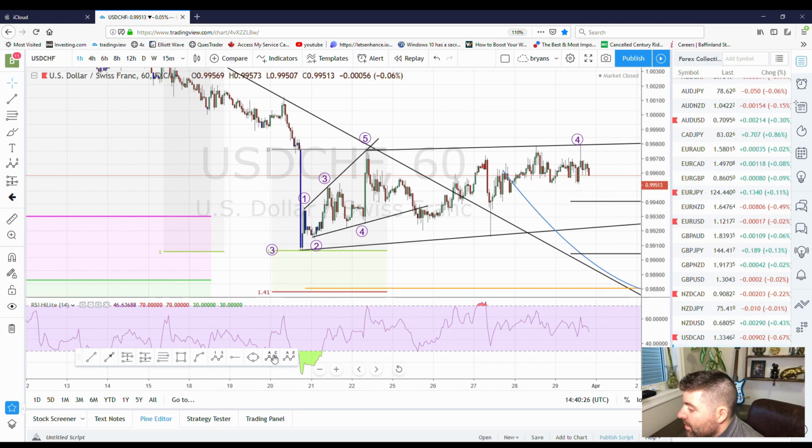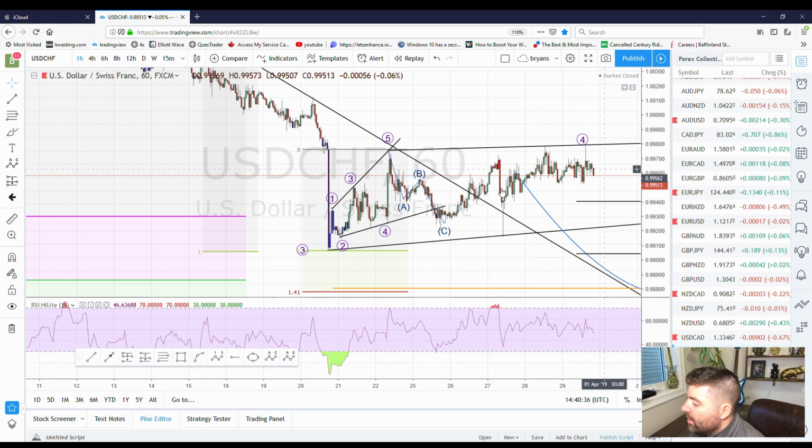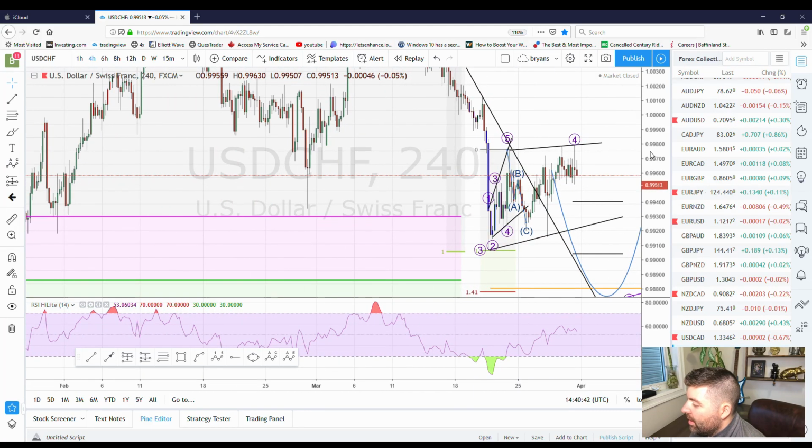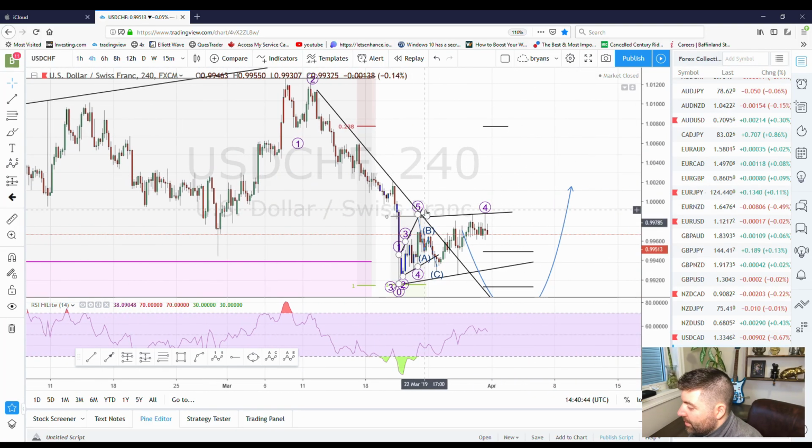There we go. An A, B, C correction down, and it's kind of meandering. So it did do this pattern. However, because it has a sustained corrective pattern, that's what is making me believe that it's wave 4 and not a start of a reversal. So that's the reason there.